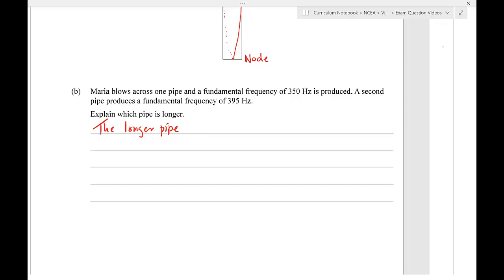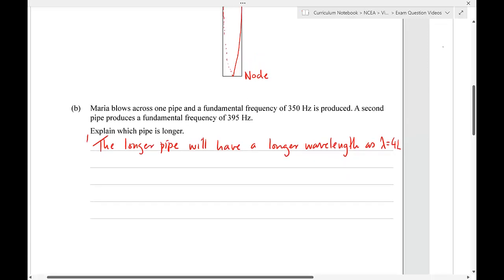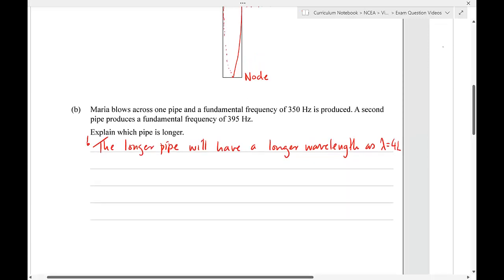Okay, so let's summarize that. The longer pipe will have a longer wavelength, as lambda is equal to 4L. Okay, so that was our first point here. Let's just make that less messy.